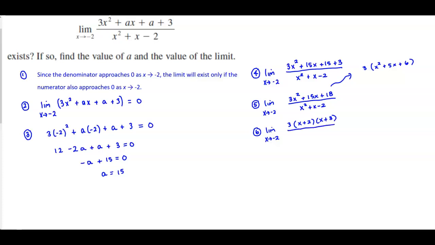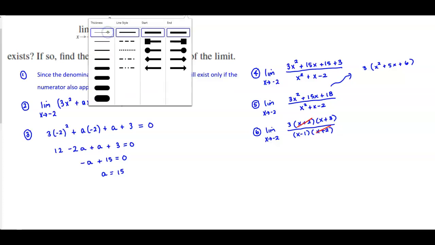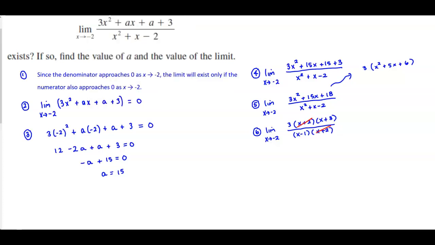And then in our denominator, we have x minus 1 times x plus 2. So we can eliminate the x plus 2. And so now we have the limit as x approaches negative 2 of 3 times x plus 3 over x minus 1.